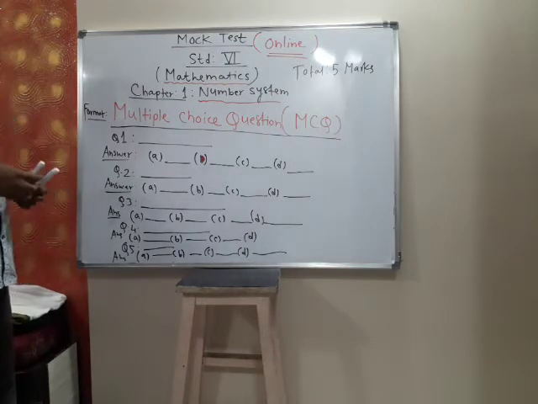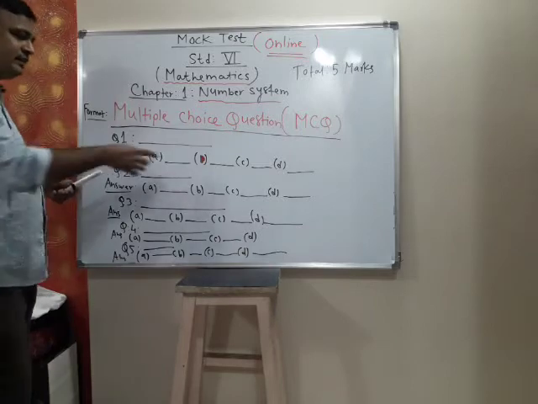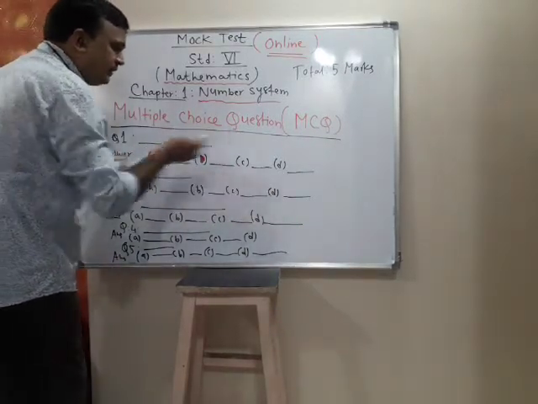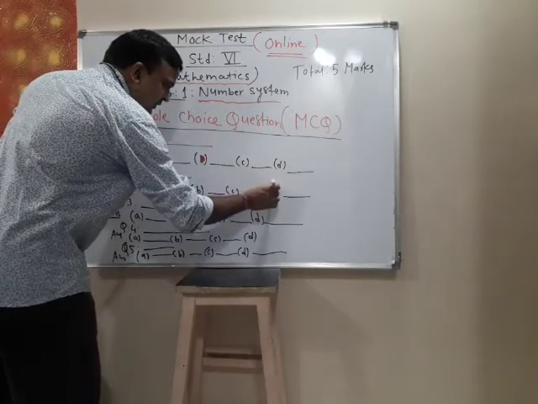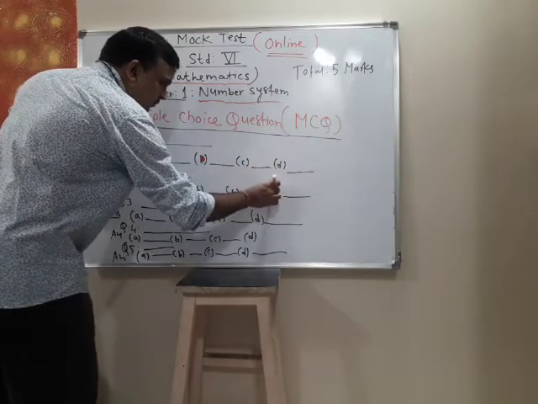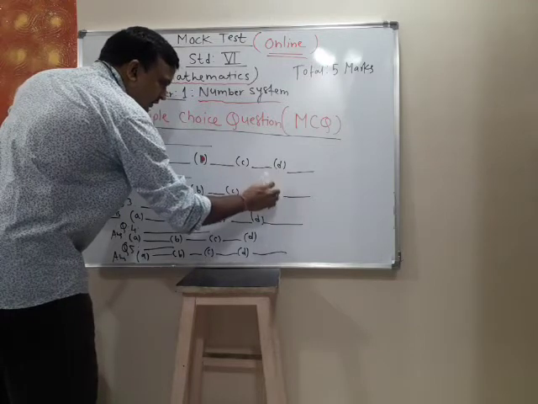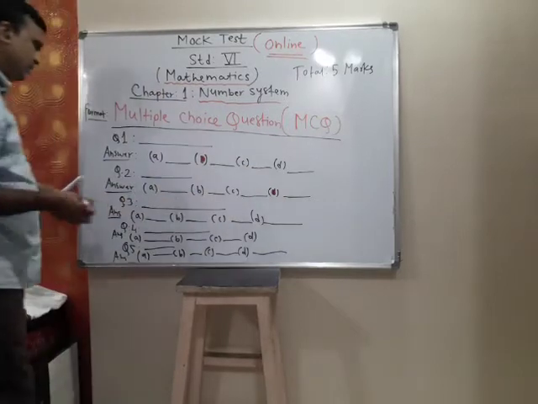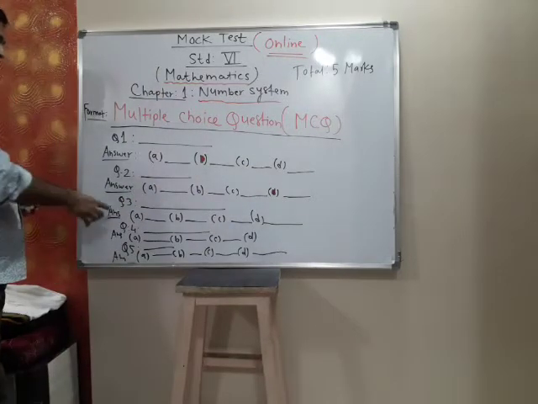Suppose D is correct, then I will click D with the help of a mouse, or on your mobile, with the help of your finger. Then you will read question number 3.